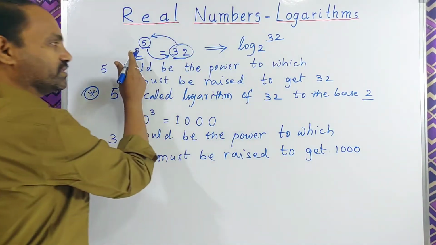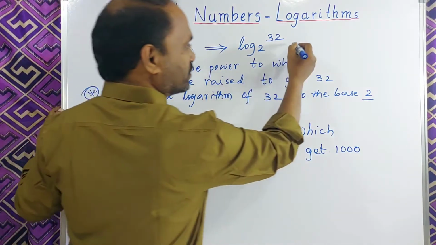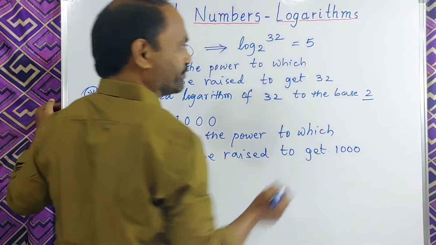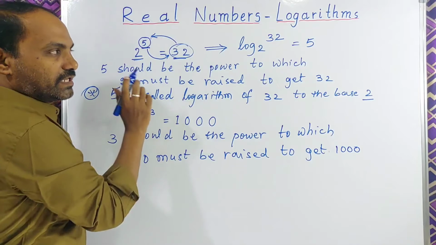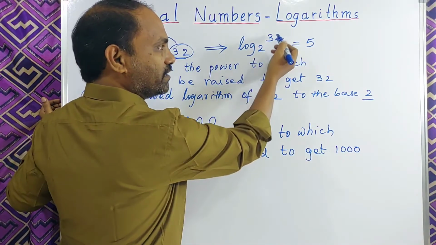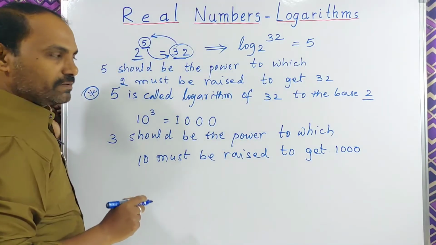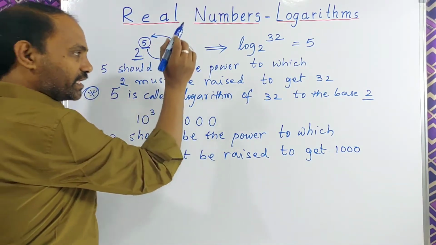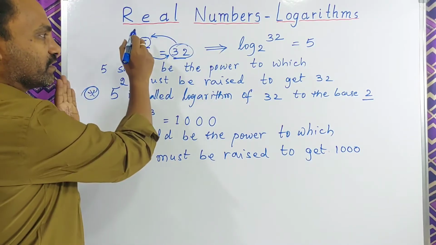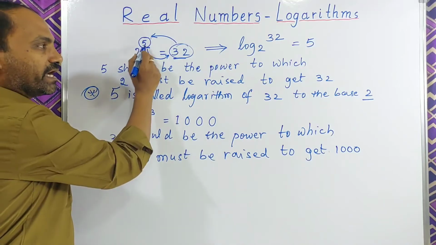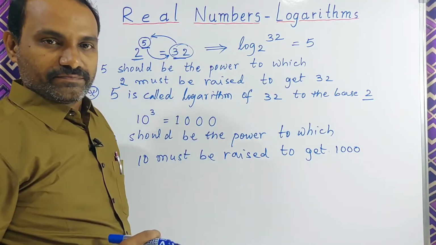So the 2 is same as base, and this 5 goes that side, equal to 5. Is it understood? You should exchange these two only. What does it mean here? Logarithm of 32 to the base 2 is equal to 5. Means the exponent to which 2 should be raised to get 32, that exponent is called the logarithm.